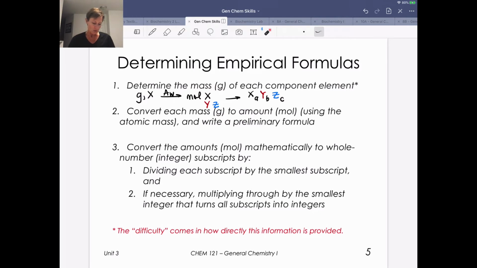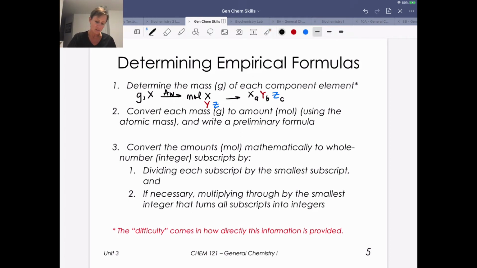So we need to divide each one of them by the smallest number. This might not make sense until you do a few problems, but whichever one is smallest is going to end up with a subscript of 1. Everything else will be a larger number, and hopefully it'll end up being whole numbers so that we have an empirical formula, which is again the simplest whole number ratio of all of our species.